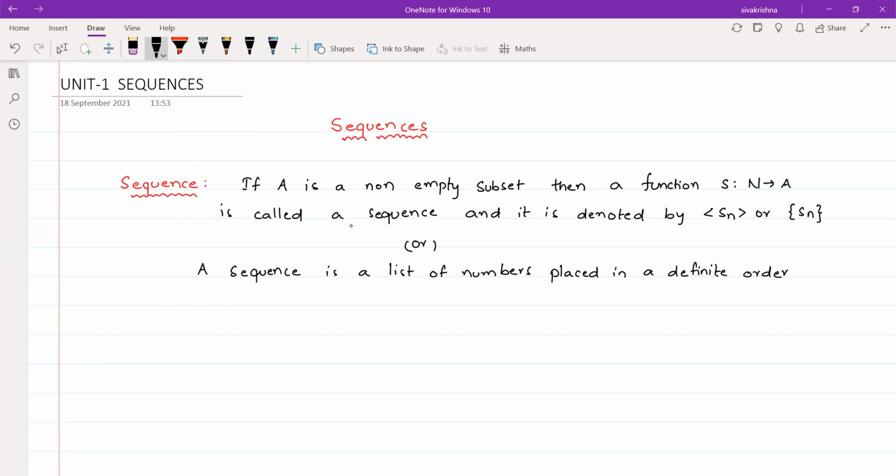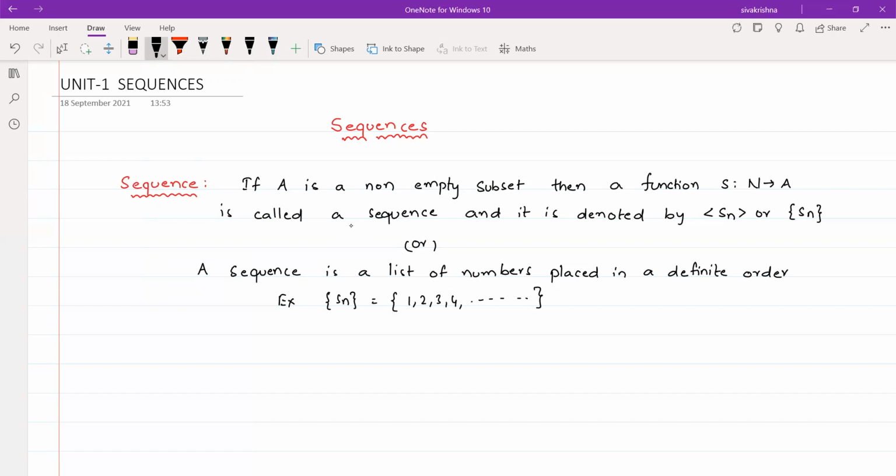Means, for example, I am writing sequence Sn is equal to 1, 2, 3, 4, and so on. So what I am saying is a sequence is nothing but a list of numbers placed in a definite order. Here the numbers are the set of all natural numbers. Okay, so arrangement, a list of numbers with some rule.